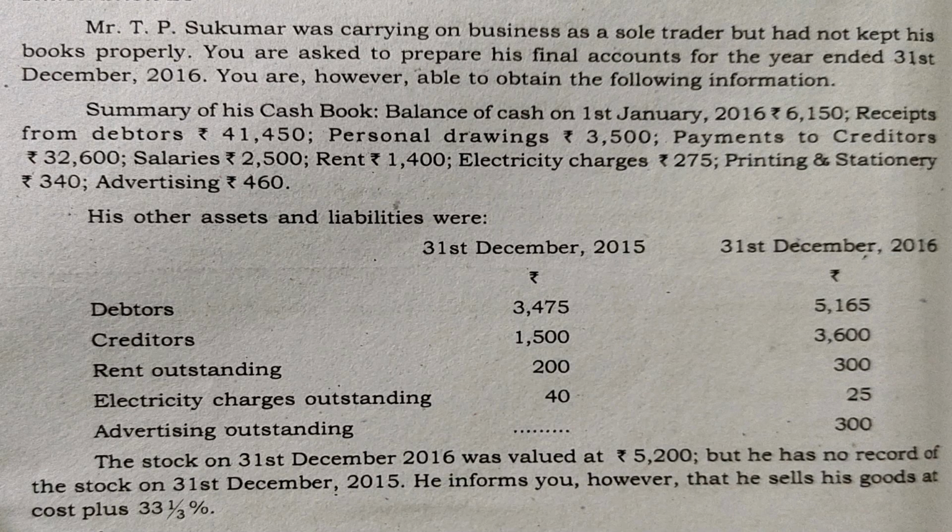You need to know the equation of sales as well as the equation of cost of goods sold, and use the necessary information given in the question, substitute it, and you will get the missing figure. That's very easy. So remember, whenever information regarding a certain percentage like 33 1/3% of cost or 25% of sales is given, remember it is a case of a memorandum trading account. So let us go with the further computations.